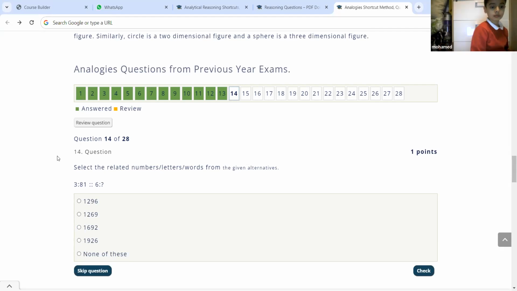Oh, this looks fun. So why did it go from there to that big number? Let's see. That means this number has got some relationship with 3. Wait a second. I think I know this. Okay, I think I got it.